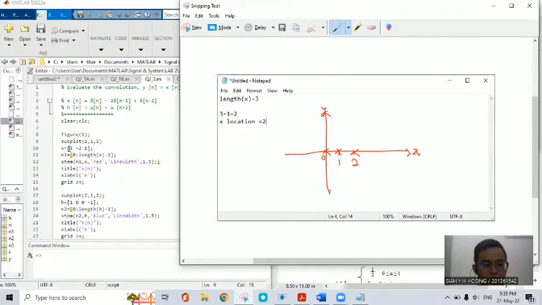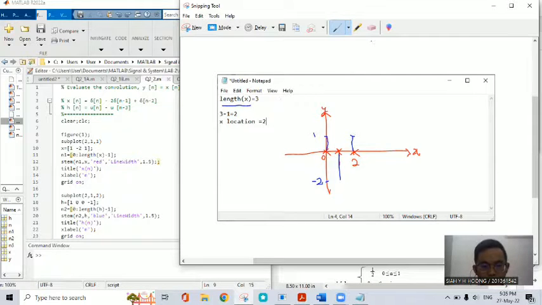So when n equals 0, I will have 1. When n equals 1, we will have negative 2. When n equals 2, we will have 1.